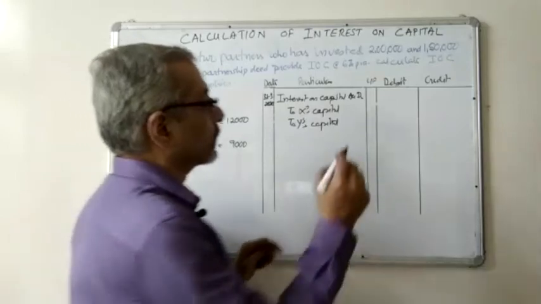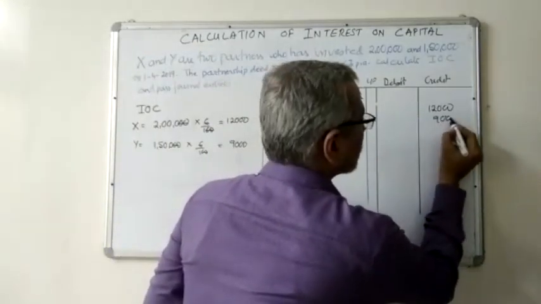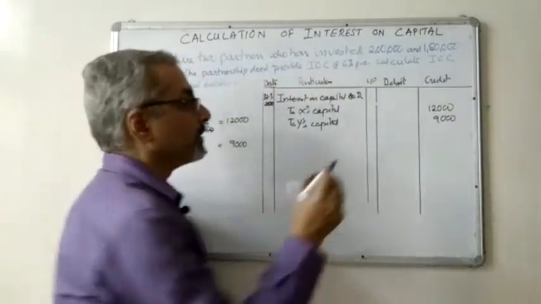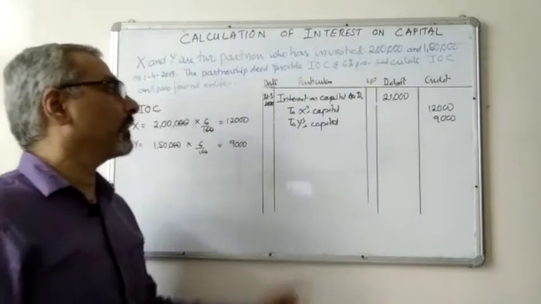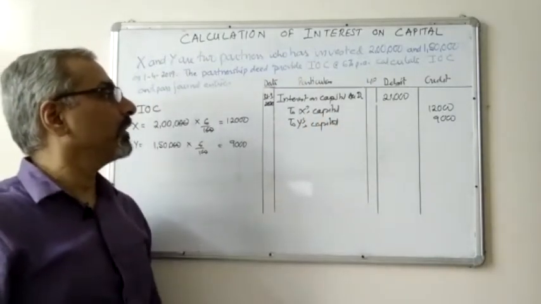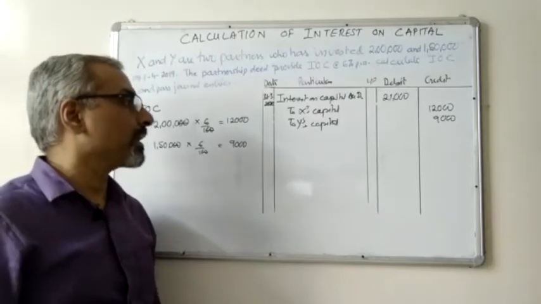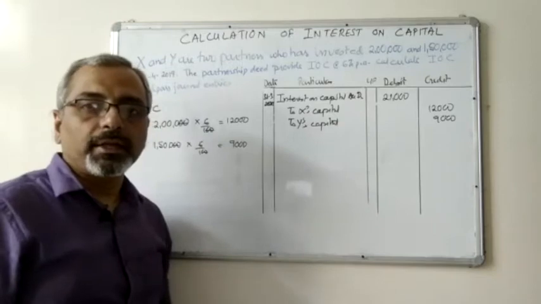What is the amount? 12,000 X and 9,000 Y. So what is the total now? It is 21,000. 12,000 plus 9,000 is 21,000. First journal entry, interest on capital account debit to X's capital to Y's capital, 21,000. That is 12,000 and 9,000.